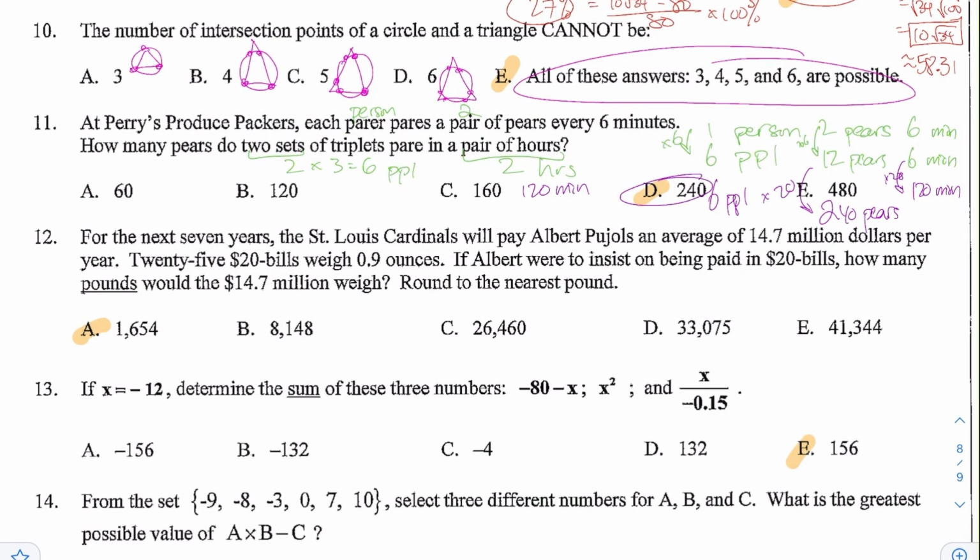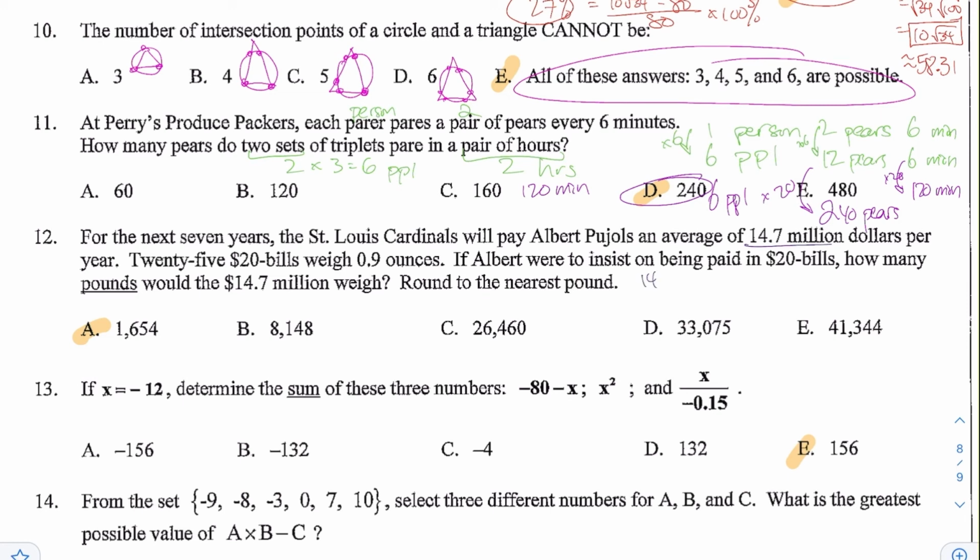Next for number 12, for the next 7 years, the St. Louis Cardinals will pay Albert Pujols an average of $14.7 million per year. Now, 25 $20 bills weigh 0.9 ounces, and if Albert were to insist on being paid in $20 bills, how many pounds would the $14.7 million weigh? So here, you need to pay $14.7 million.